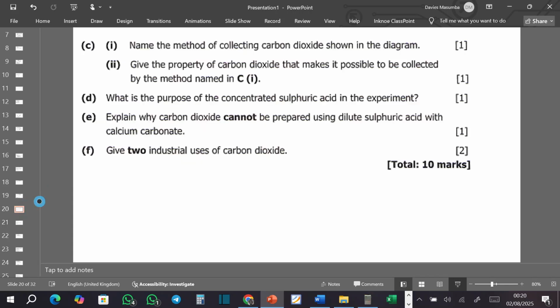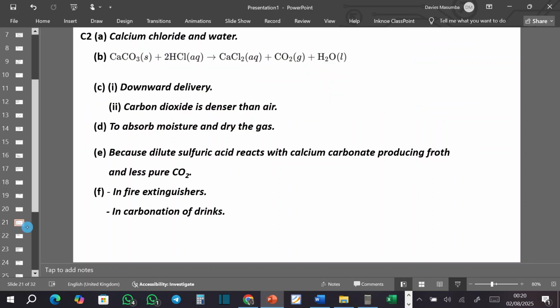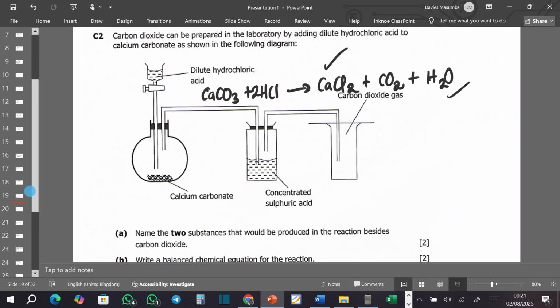Then when we go to C1, it says name the method of collecting carbon dioxide shown in the diagram. So this method is downward delivery. The carbon dioxide is going downward like that.